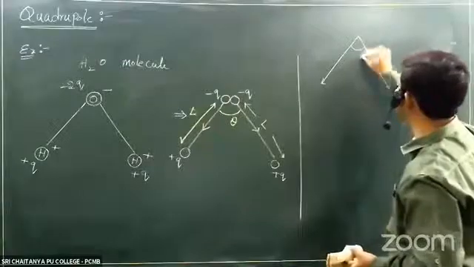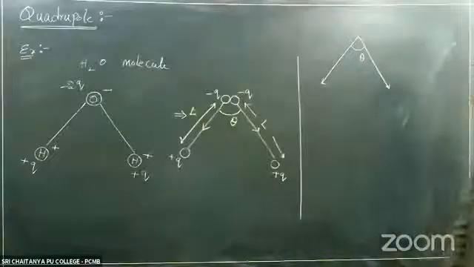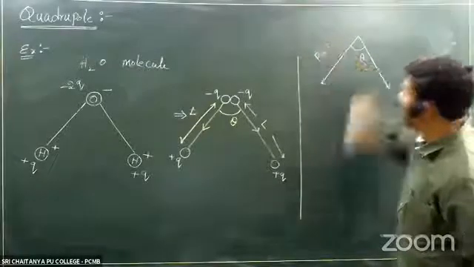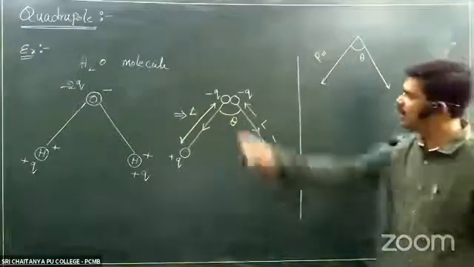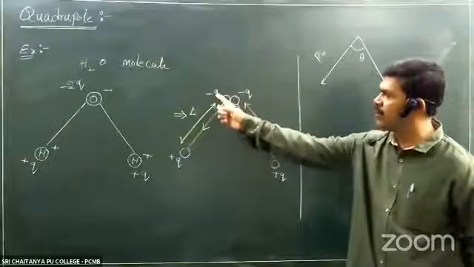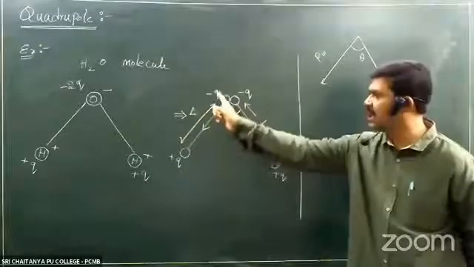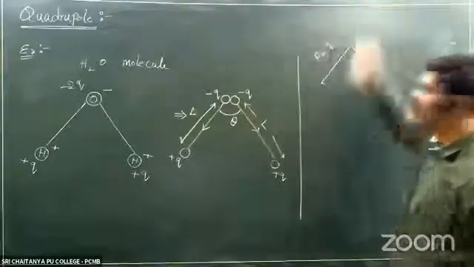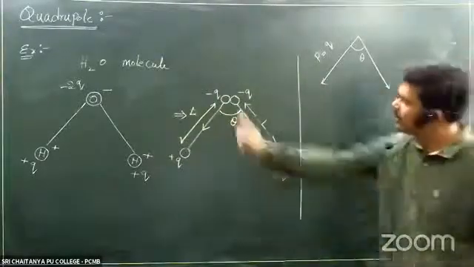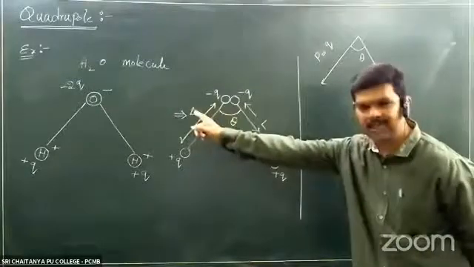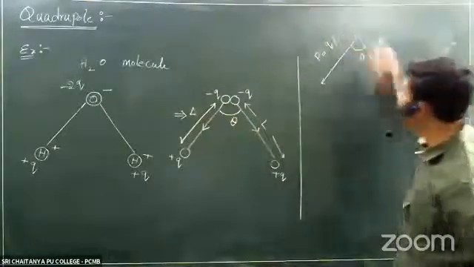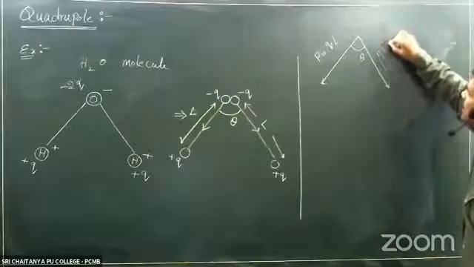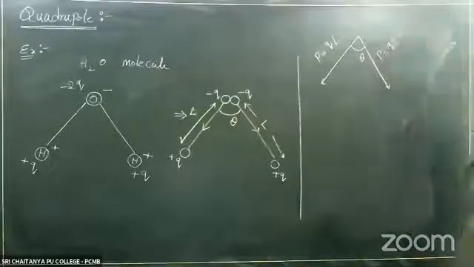There is an angle theta between them, right? This dipole moment is P. Dipole moment formula is what? Product of the magnitude of either charge and the distance between the charges. So q, magnitude of either charge, distance between the charges is L, qL, right? So this is also P equals qL.